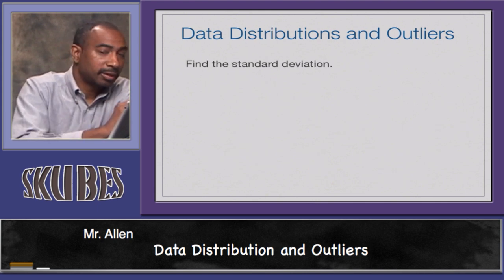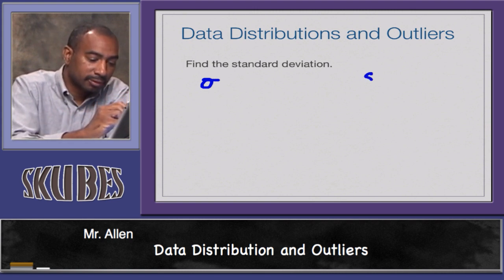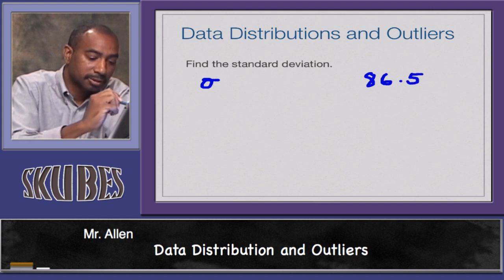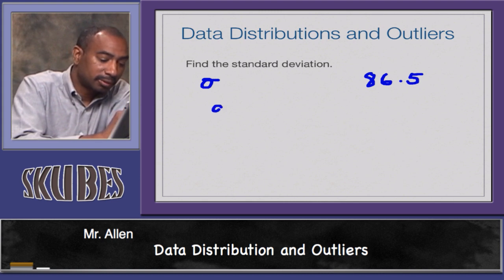All right, find the standard deviation. Now recall from the last lesson, you have to take the difference of each score and subtract it by the median. In this case, it's going to be 86.5. But we know that the median is 91. So you're going to subtract that from 86.5.